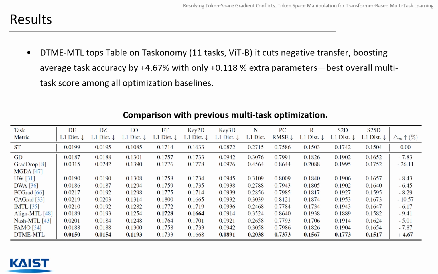On Taskonomy with 11 tasks and a ViT-based backbone, our variant DTME-MTL ranks first among optimization baselines. The method reduced negative transfer and raised the average accuracy by 4.67% compared to the multitask baseline.